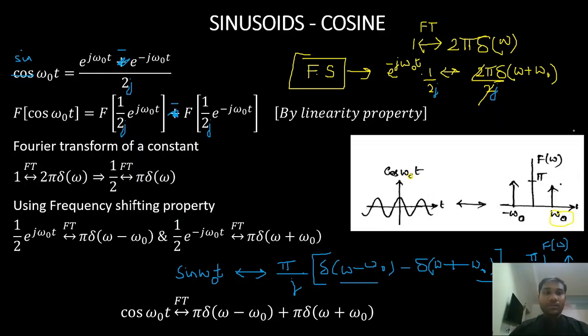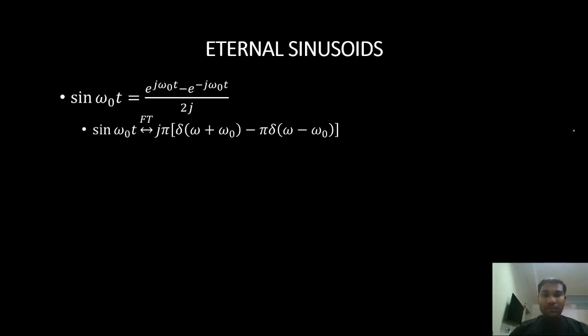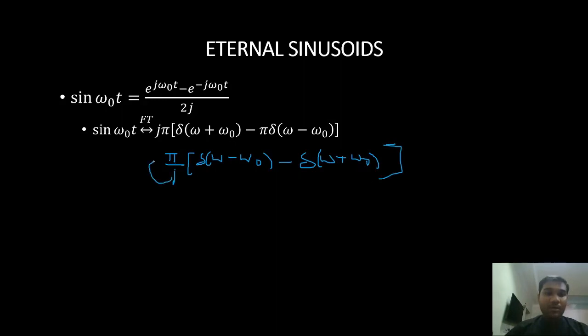So this is for sinusoids. There we had pi by j times (delta of omega minus omega naught minus delta of omega plus omega naught). Now I took the j to the numerator, so it becomes minus j, and I'm multiplying the negative sign inside. So this is what I arrive at for sine omega naught t.